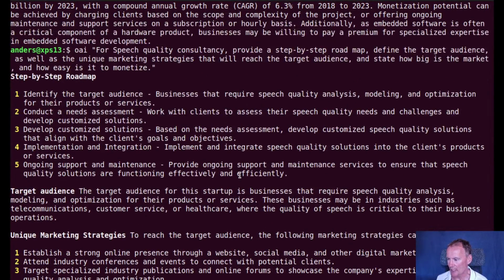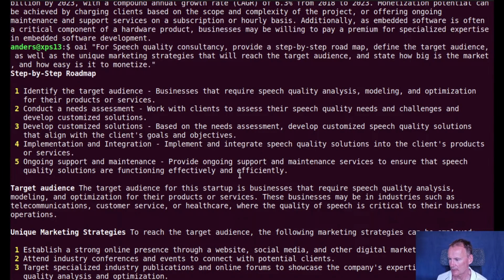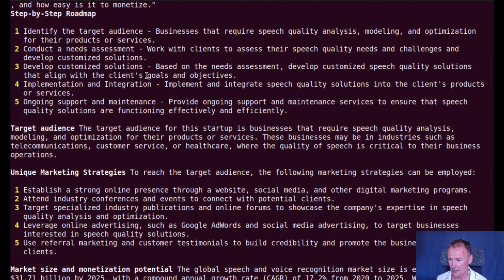Okay, what have we found? The roadmap. Target audience. Yeah, conduct needed assessments, which needs a lot of equipment and expensive equipment. Customer solutions.